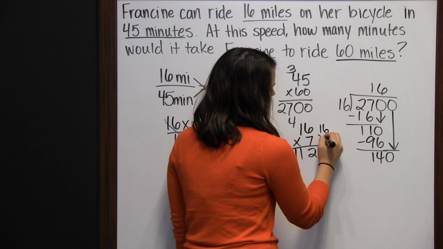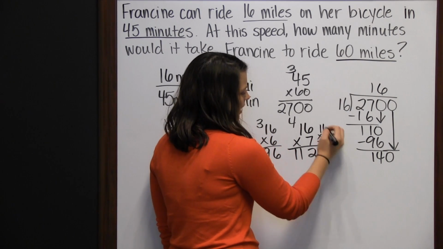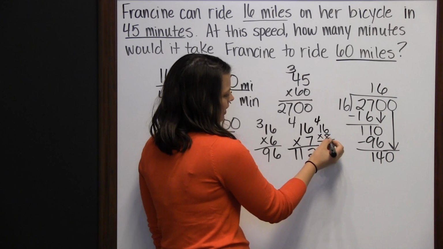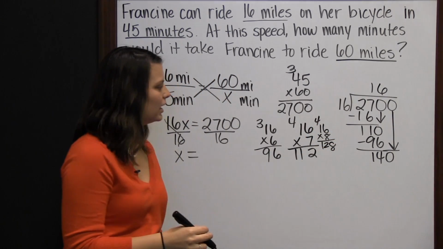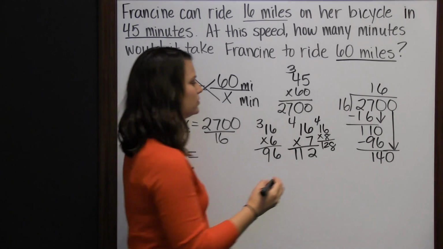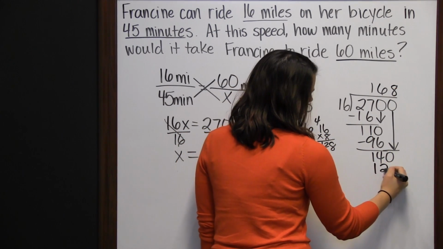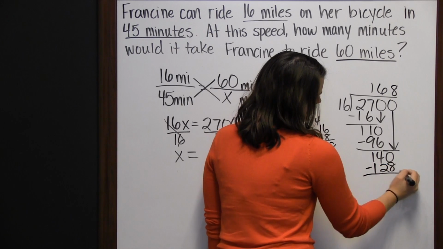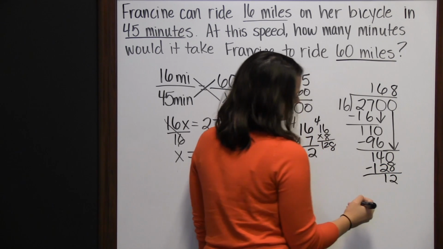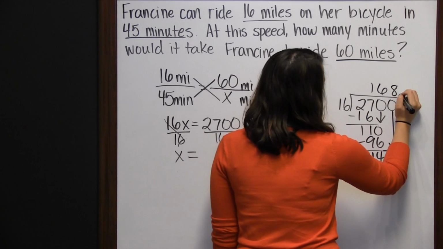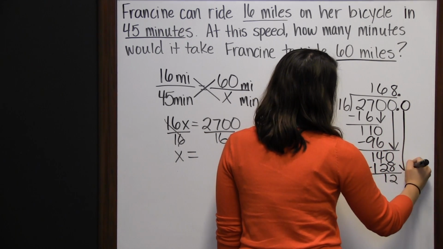So let's see what 16 times 8 is. 8 times 6 is 48. 8 times 1 is 8, plus 4 is 12. And that's all we're going to be able to do. So 8 times, and we get 128. And when we subtract those numbers, we get 12. So that means we need to add a decimal and a 0 and bring it down.